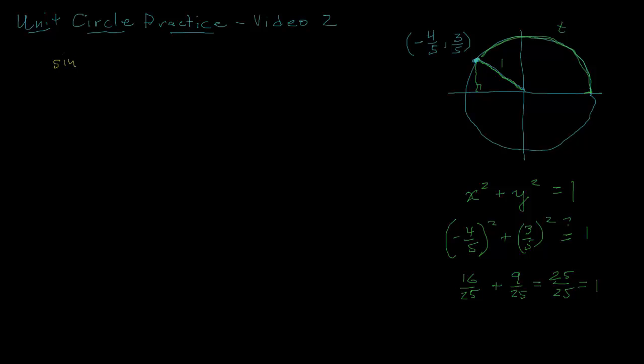I know that the sine of my angle t is just my y value. It's 3/5. The cosine of t is equal to -4/5.